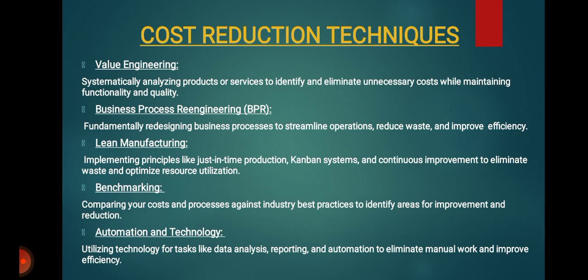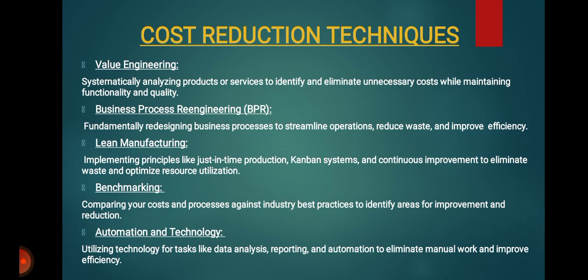The second one is business process re-engineering, BPR. Fundamentally, BPR is redesigning the business process to streamline operations, reduce waste and improve efficiency. For example, an airline streamlines its check-in process by implementing self-service kiosks and mobile boarding, reducing staff requirements and associated costs, which leads to business process re-engineering.